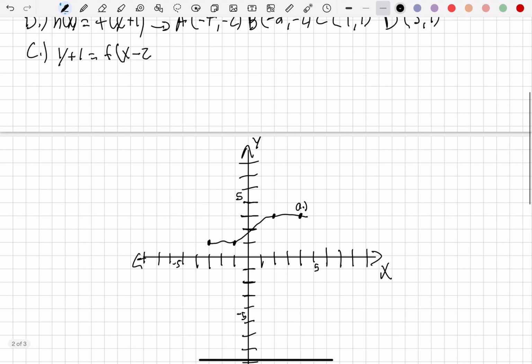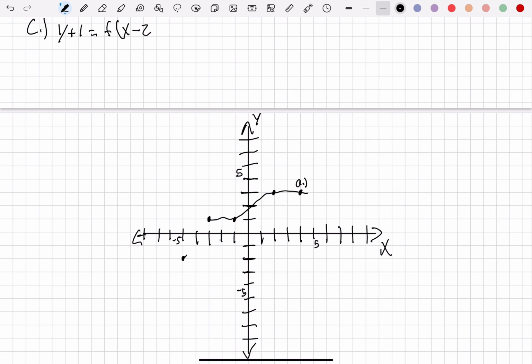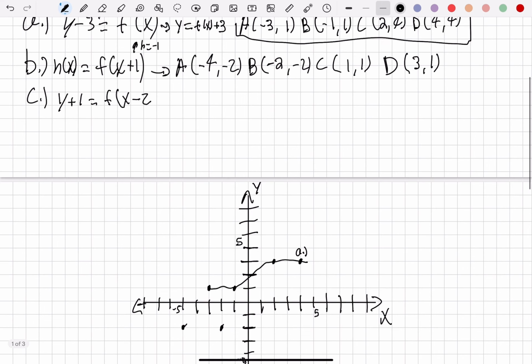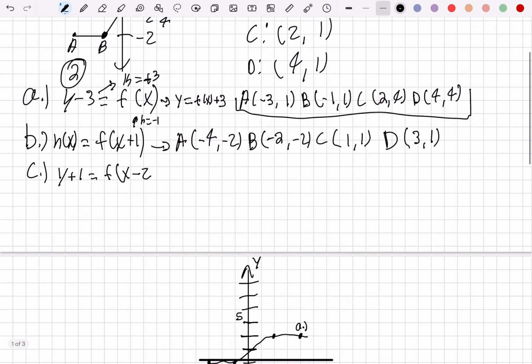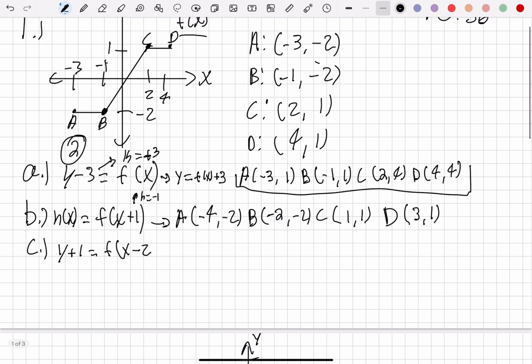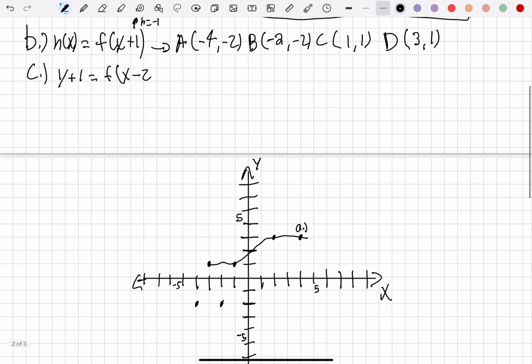Now we can plot all those. So negative 4 and negative 2 is going to go right here. Negative 2 and negative 2 is going to go right here. Oh, that's negative 5. Okay. Negative 4, negative 2.